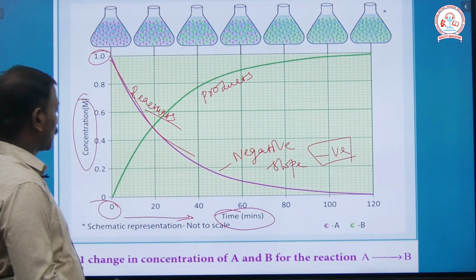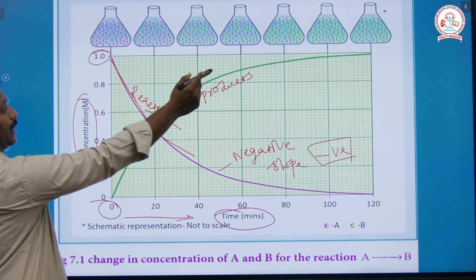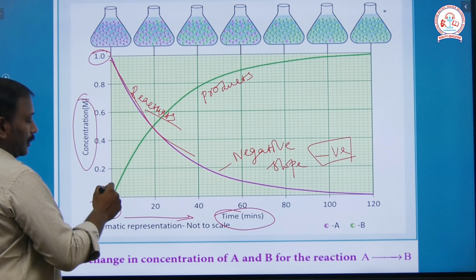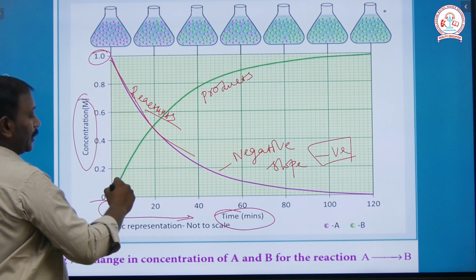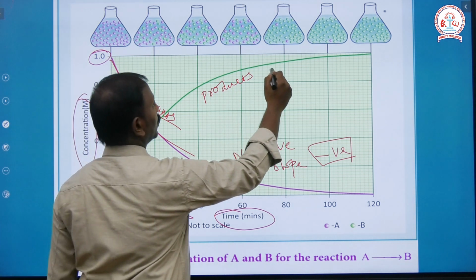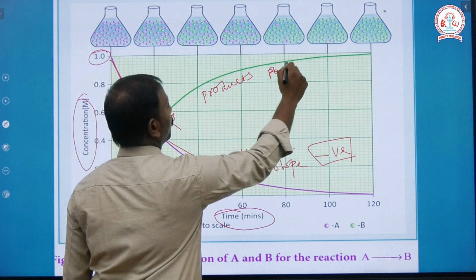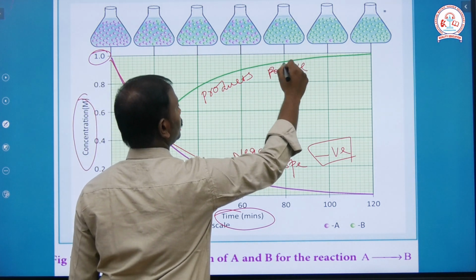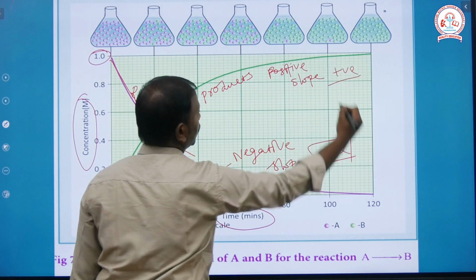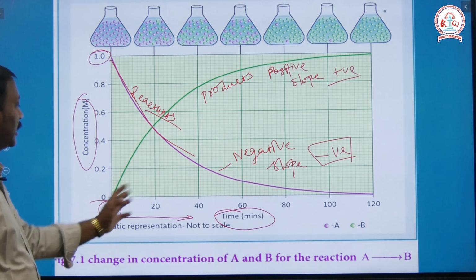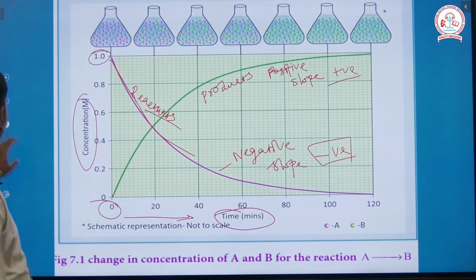And for the product, initially it is not formed, 0 molarity, and as time increases, the product curve has a positive slope. So it is getting positive in value. This is the change in concentration of product and reactants.